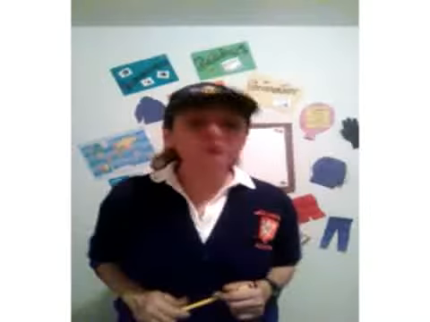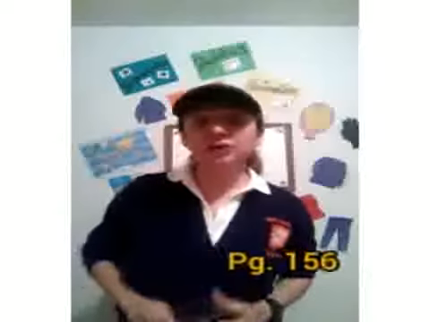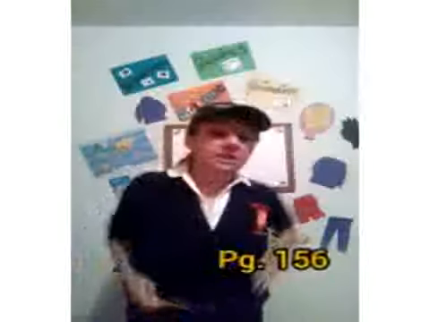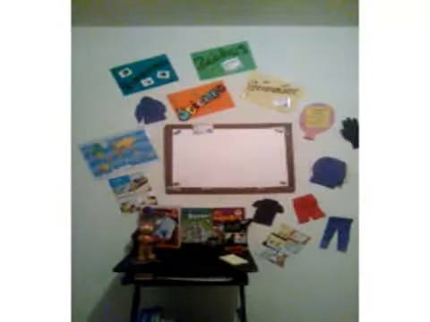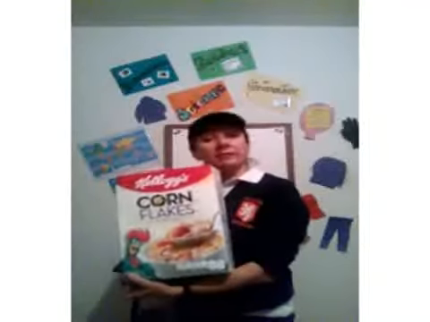All right, then after this, food for thought. This part here and here, it's page 156. On this part, you have 2 boxes of cereal. Well, I only have 1 box, but let's imagine there is one and the other one.